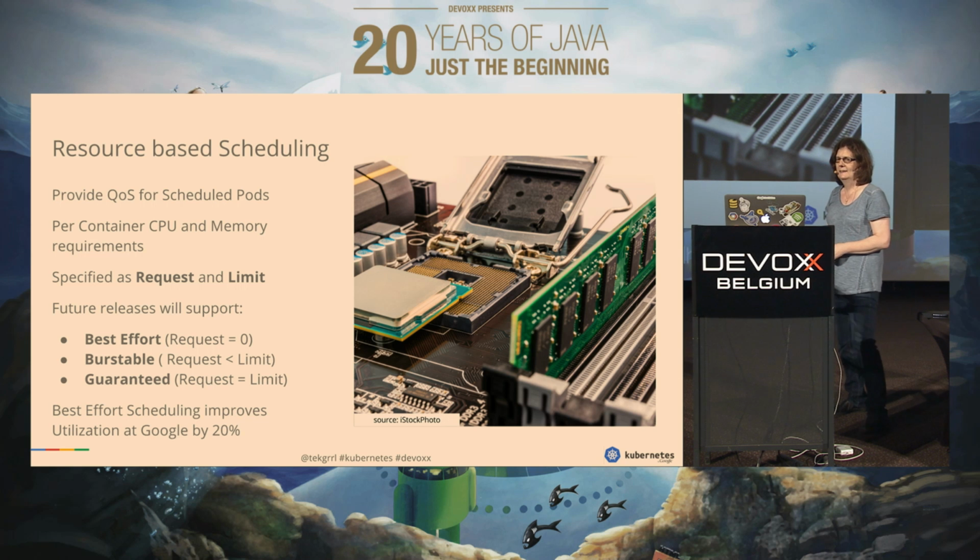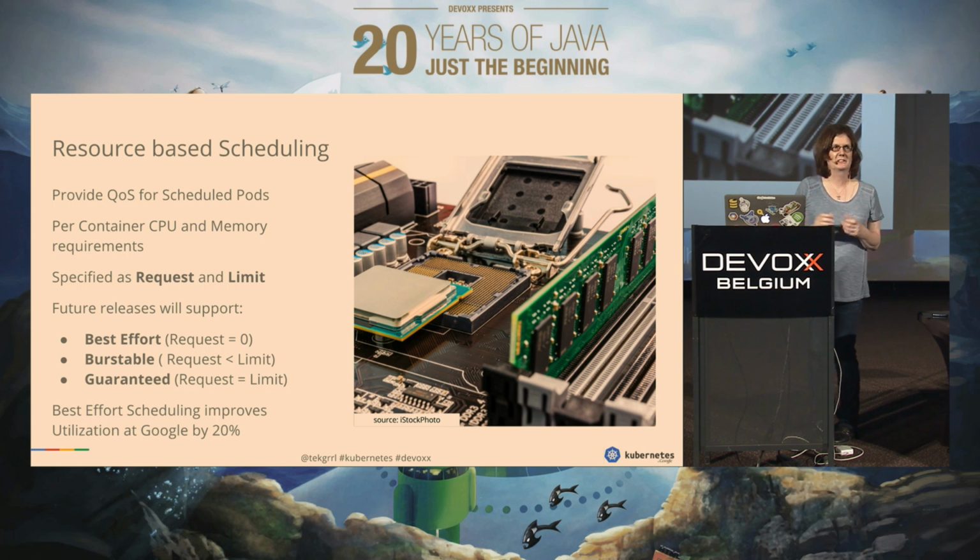Okay? And in future releases, we'll have three classes of quality of service. One is going to be best effort. In that case, we're going to say request equals 0. I'm not requesting any resources for this, so just run it when you can. This will only run when there are resources available, not being contended by anybody else.